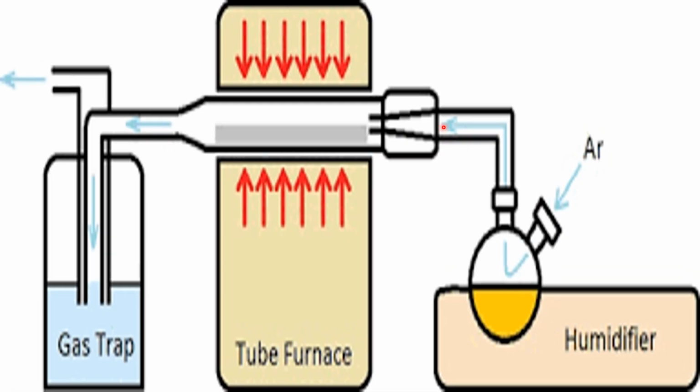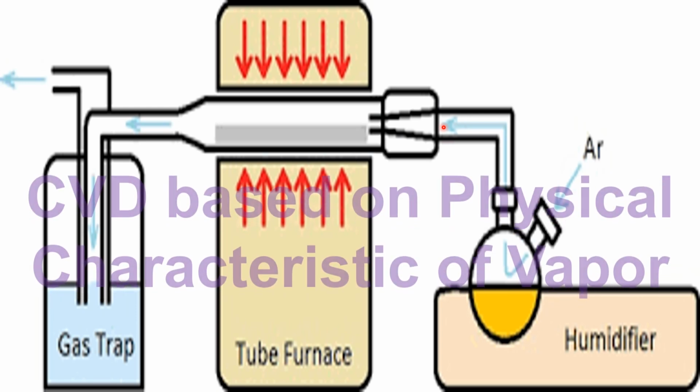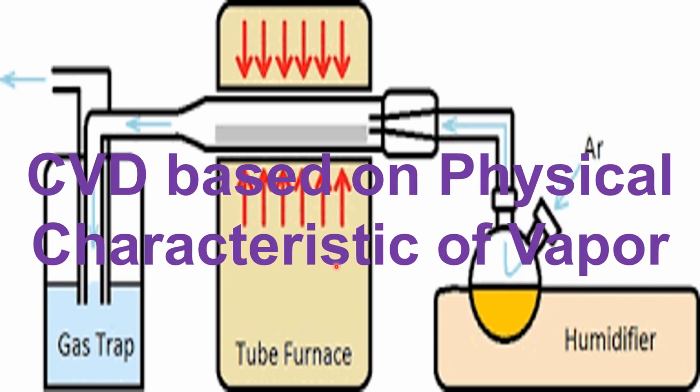Now, dear student, CVD processes may be classified on the basis of the physical characteristic of vapor. Basically, on the basis of physical characteristic of precursor vapors, CVD is also classified.